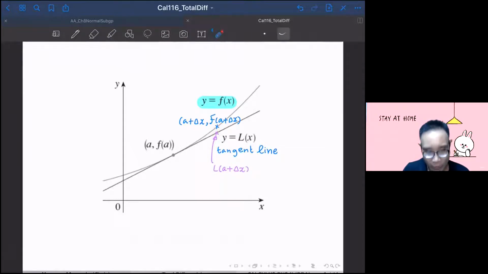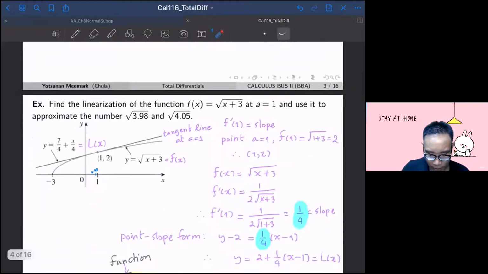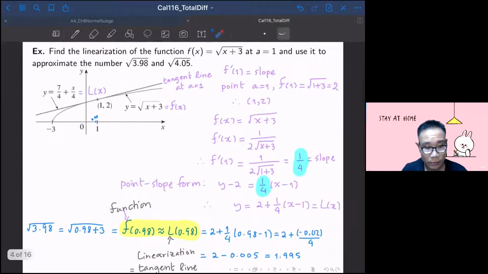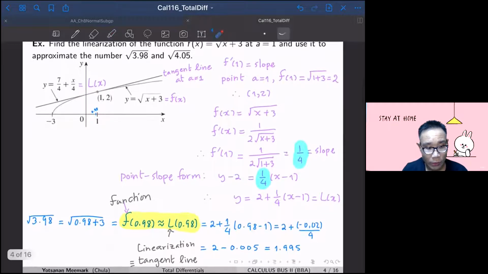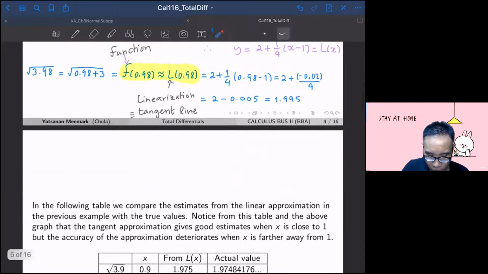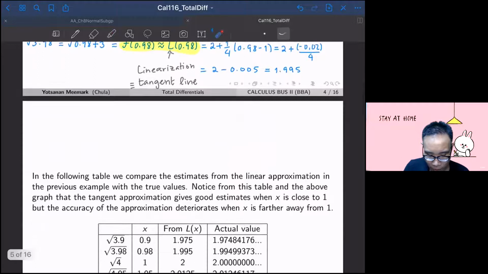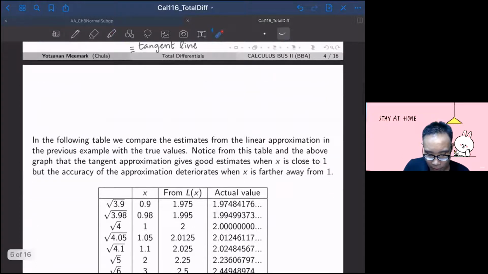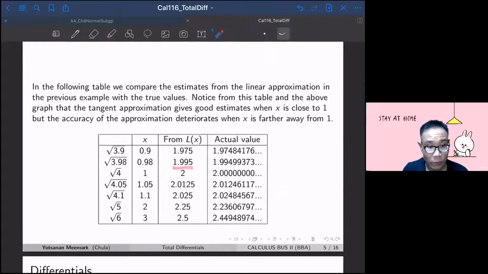How good would it be? If you go back to this example, we were able to use the tangent line approximation to obtain the square root of 3.98 to be 1.995, and then you can compare with your calculator.